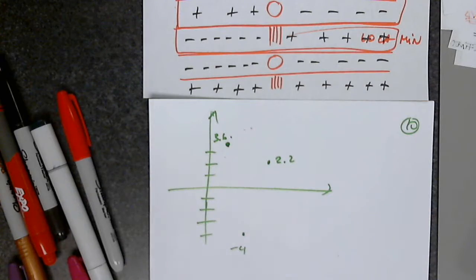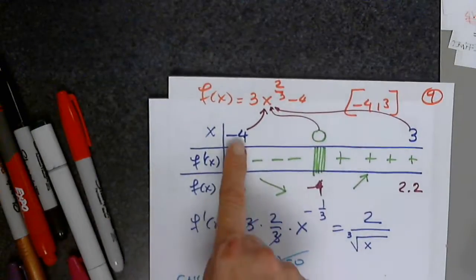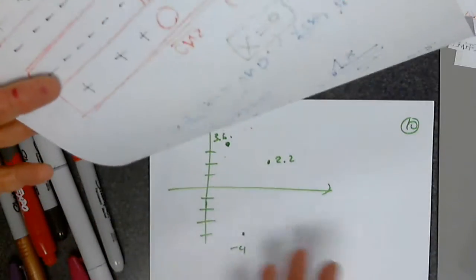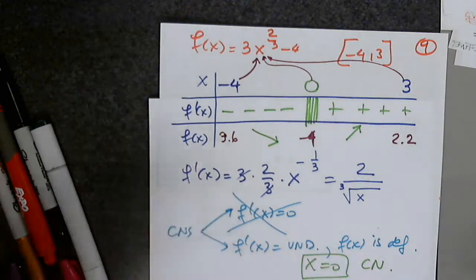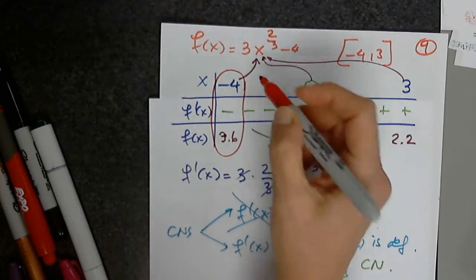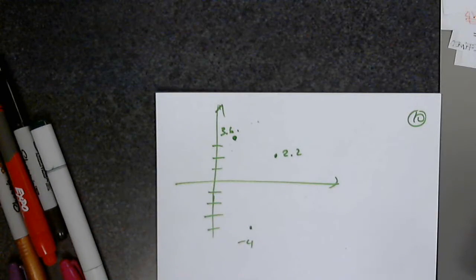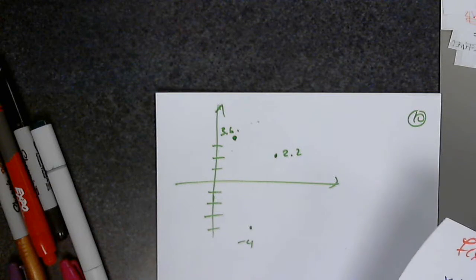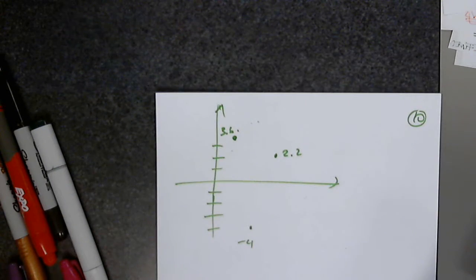So what will I say about the point 3.6? As you see, I didn't even put them on the axis. I didn't even look at the x values. I don't care for that. What will you say about this point, -4, 3.6? Is it local? No, because it's at the end point of the interval. Is it global?